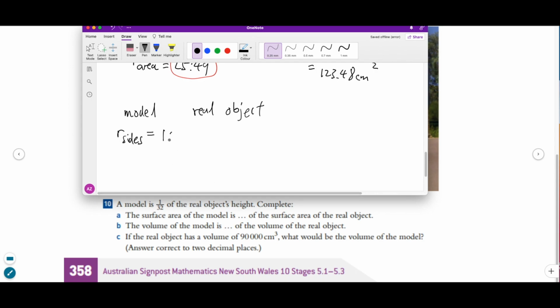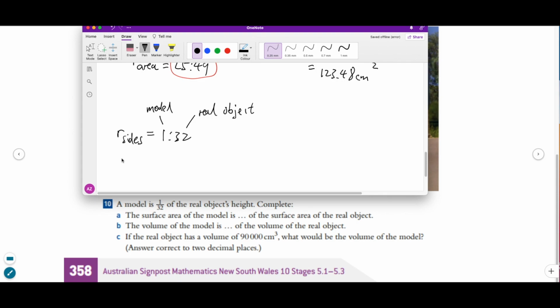It should be 32, right? Because we know that the model length is 1/32 of the real object's height. So if the model is 1 centimeter, then the real object should be 32. So that's the ratio of the sides, comparing the model to the, I guess, the real object.